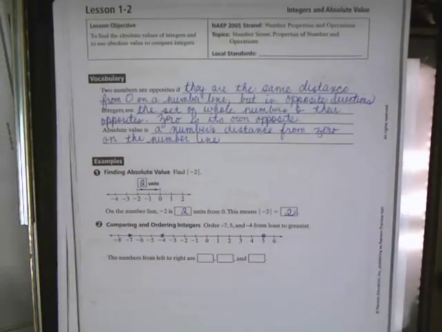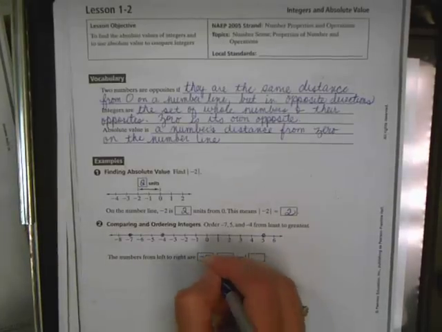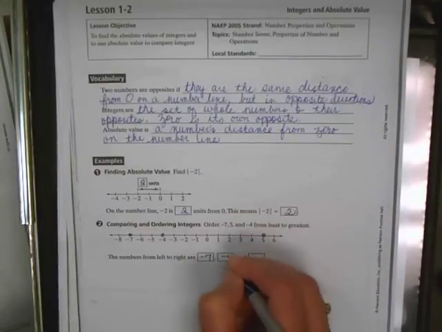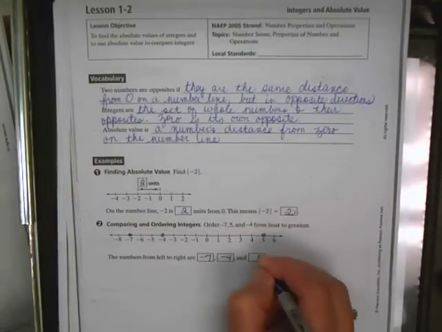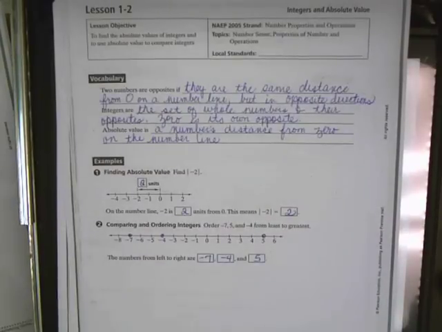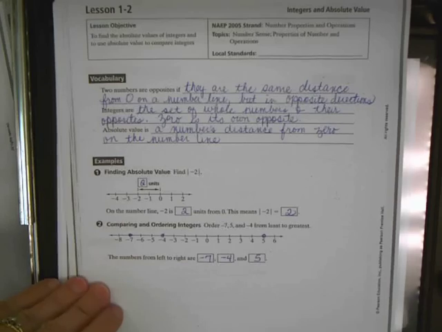Okay, basically the way that they lay out on the number line from left to right is actually least to greatest. So this would be -7 because it's the furthest from 0, -4, and then +5. Okay. All right. Pretty straightforward on that, I believe.